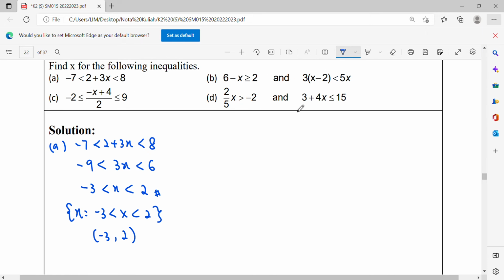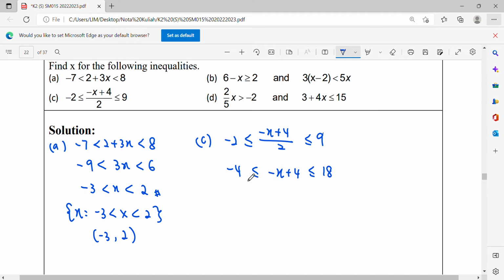Okay, so I go for question C first, where negative 2. We need to move out our 2. Just multiply by 2, you get negative 4. After you multiply by 2, if I want to get x, I need to minus 4.